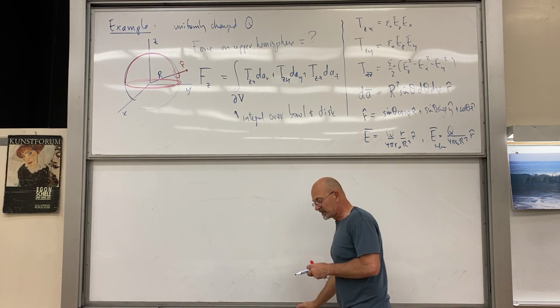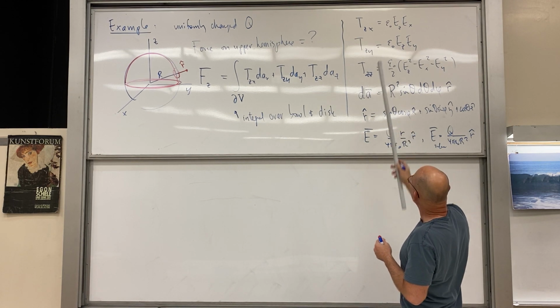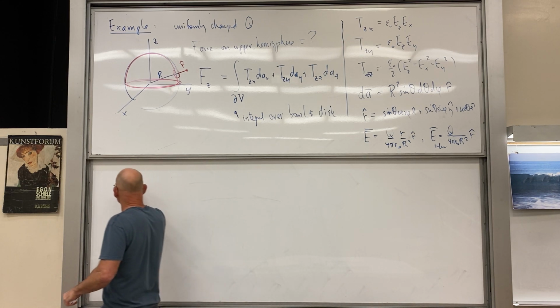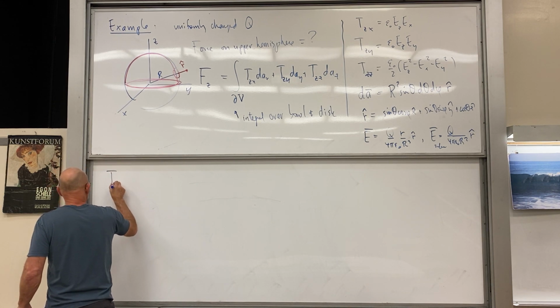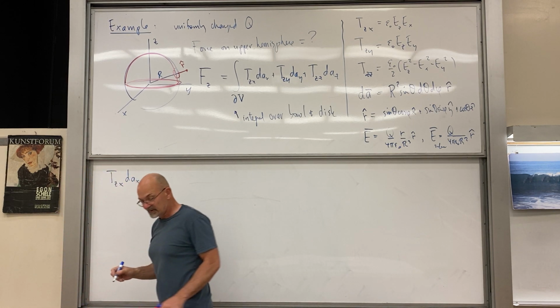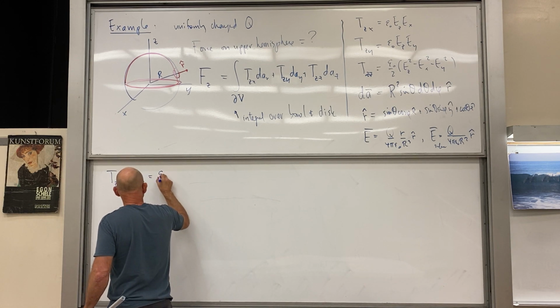And in particular, I'm really going to pay attention to this first one here. So T_ZX, dA_X. Okay, so we have T_ZX, dA_X. Everything's in place. So we have epsilon naught.